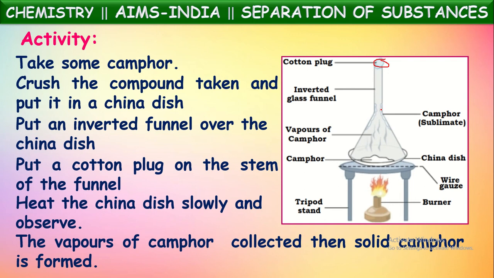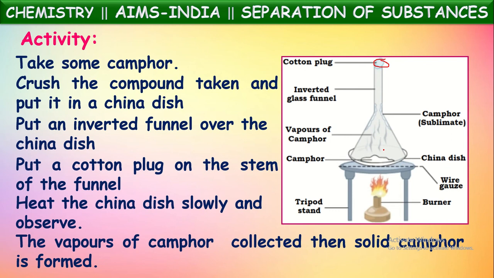Generally, this technique is used to separate sublimable solids from other solids. For example, if you take a mixture of common salt with naphthalene, both actually look the same, so we cannot separate them by any other technique. If you heat the mixture of these two, what happens? Sodium chloride or common salt will remain in the container, and the sublimable naphthalene will be sublimed.